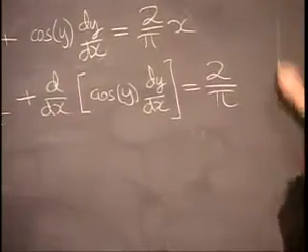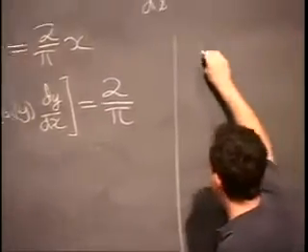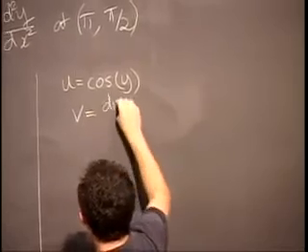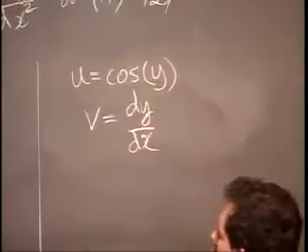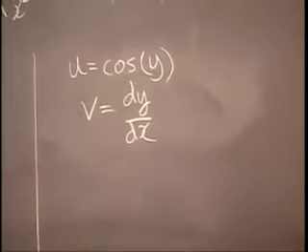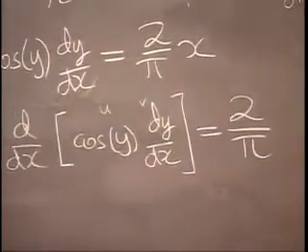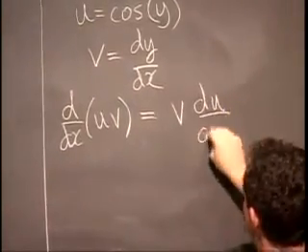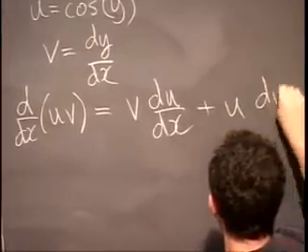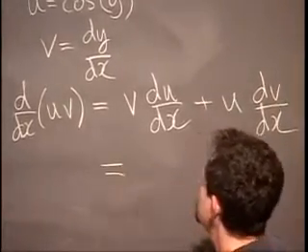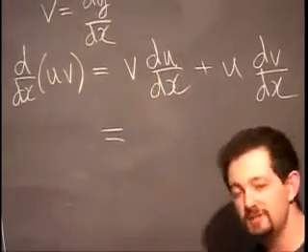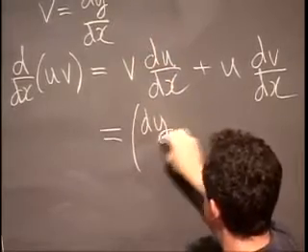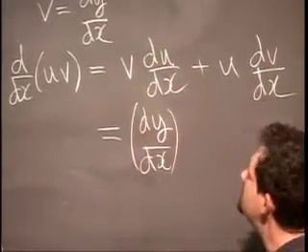And so let me take another set of working here. Let's let u equal cosine y and let v equal dy dx. And we really want to find the derivative of uv. So d dx of uv is v du dx plus u dv dx. Well, v, if you look, just got to really keep these things clear. V is dy dx. What is du dx?